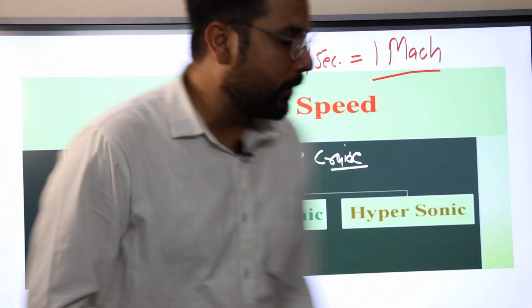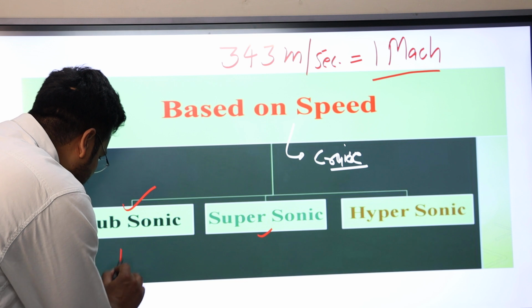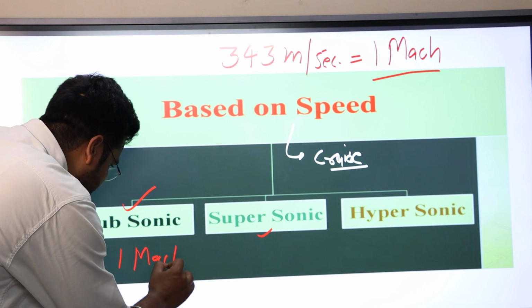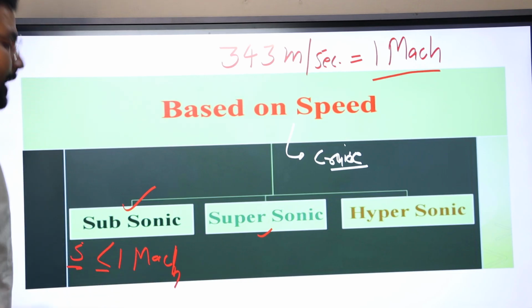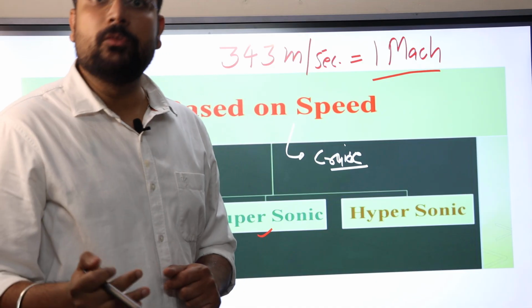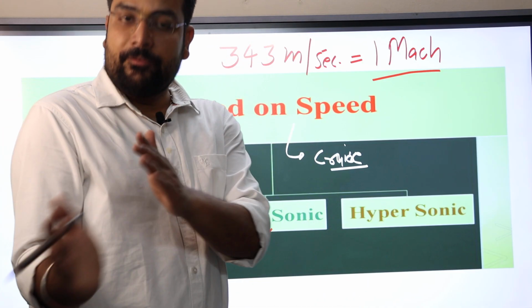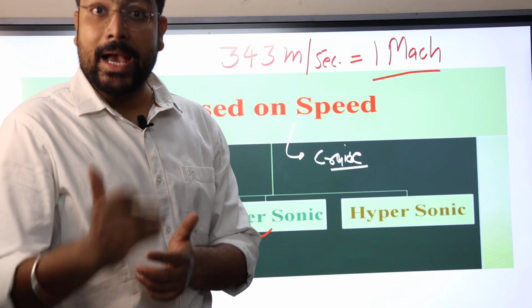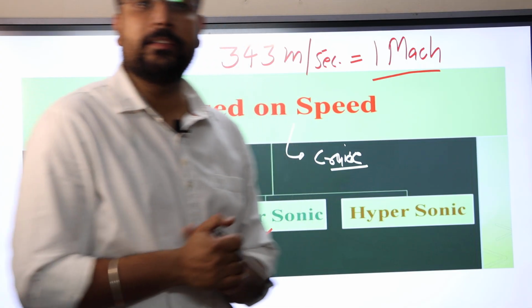Subsonic missiles are those having a speed of less than 1 Mach. The example would be Nirbhay missile of India. When the speed of the missile is between 1 and 5 Mach, it is considered supersonic. BrahMos can be considered as an example.